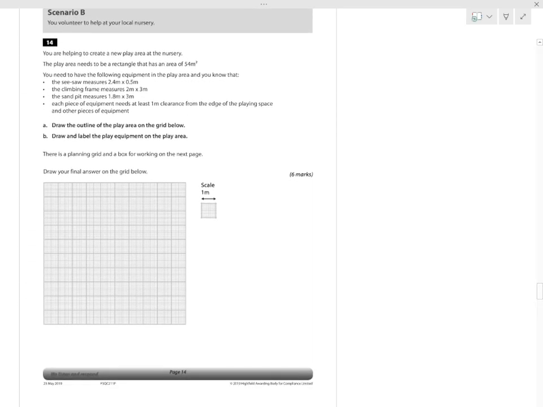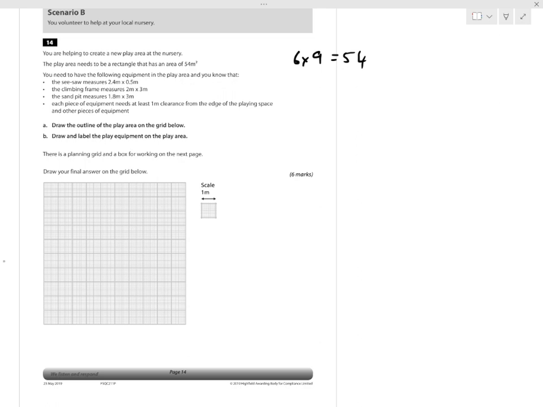Scenario B. Oh, got some drawing now. Right. You're helping to create a new play area for the nursery. The play area needs to be a rectangle that is 54. Ooh, 6 times 9 equals 54. You need to have the following equipment in the play area.